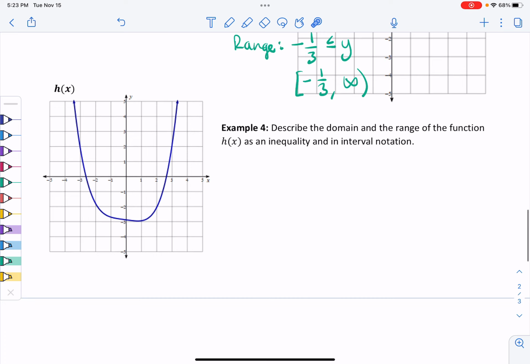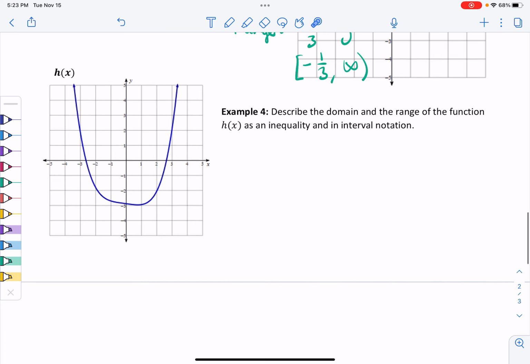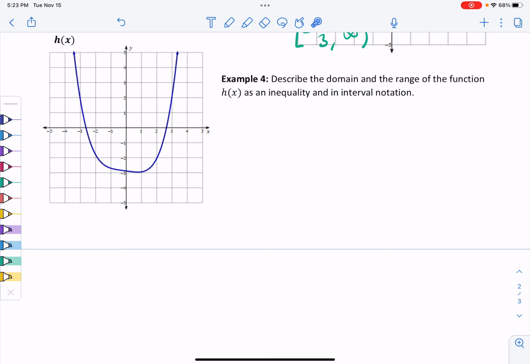All right. Example 4, describe the domain and range of the function h of x as an inequality and in interval notation. So we'll use the same colors here. So domain is x, range is y. All right, so our domain, our x values, it's not very often that we see domains that don't stretch on forever.